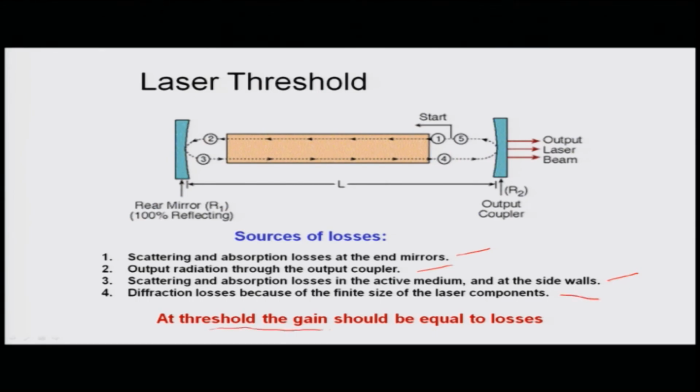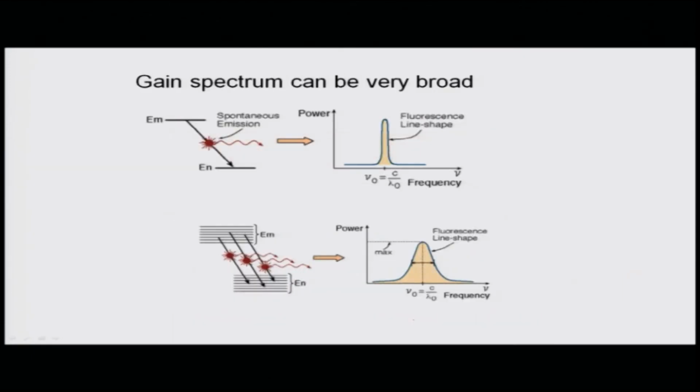At threshold the gain should be equal to or higher than the losses, and that is why the threshold is important, because unless you are able to at least match the gain to the losses, you would not be able to see a lasing action.